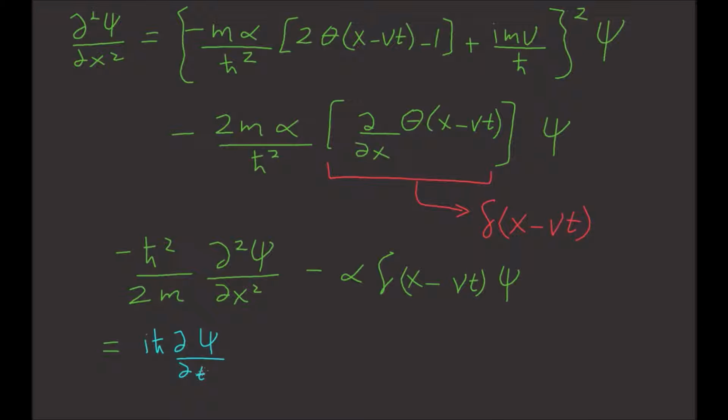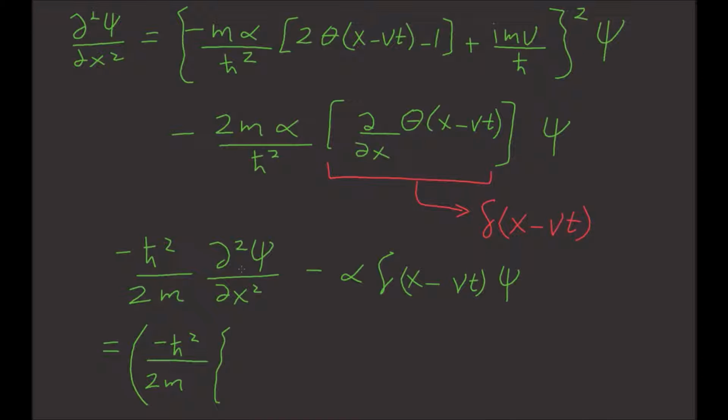So we have, open parentheses, minus h bar squared divided by 2m times curly bracket.